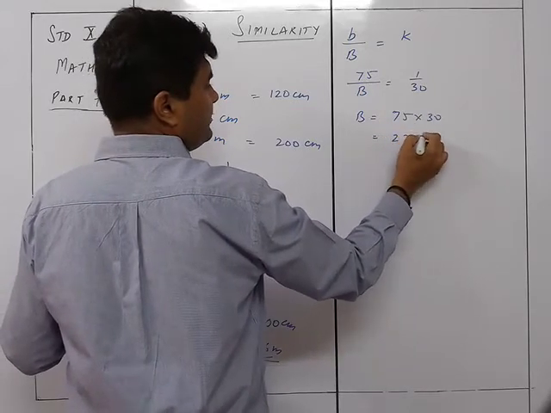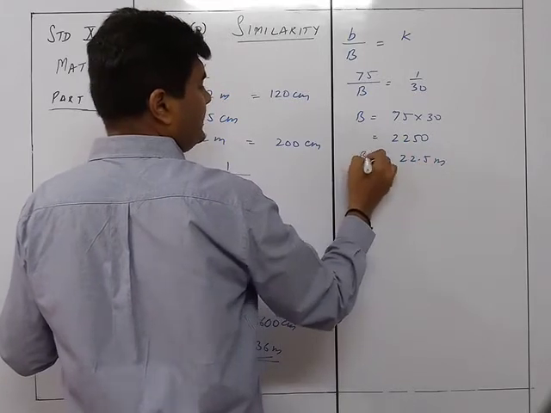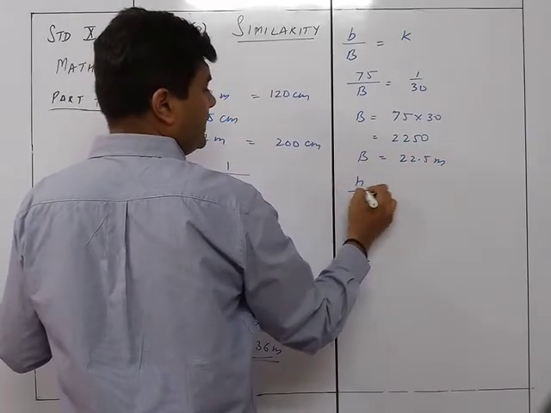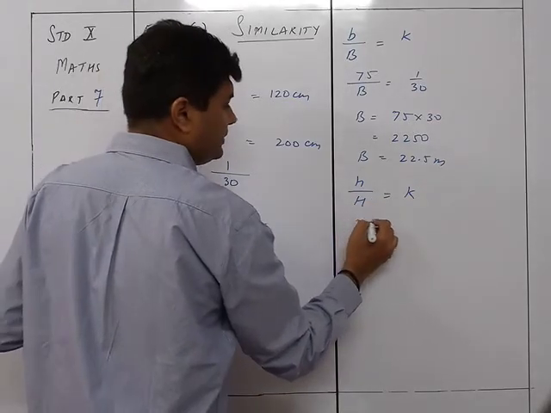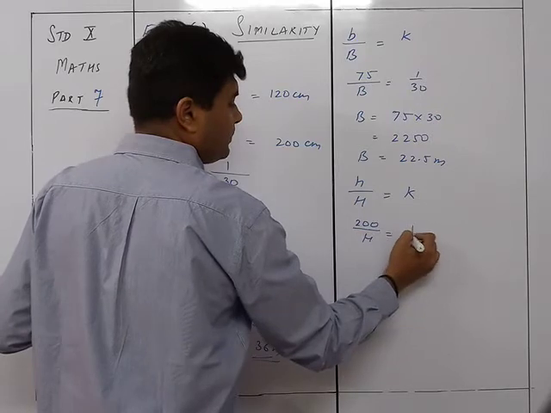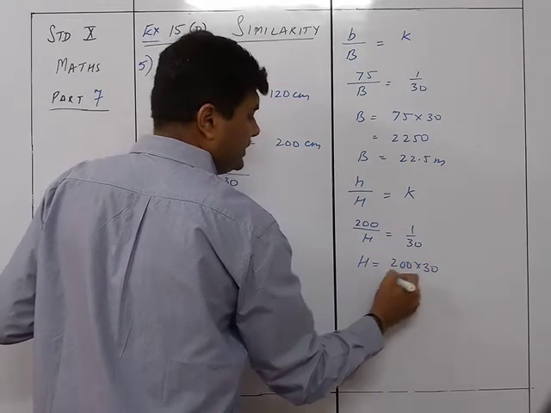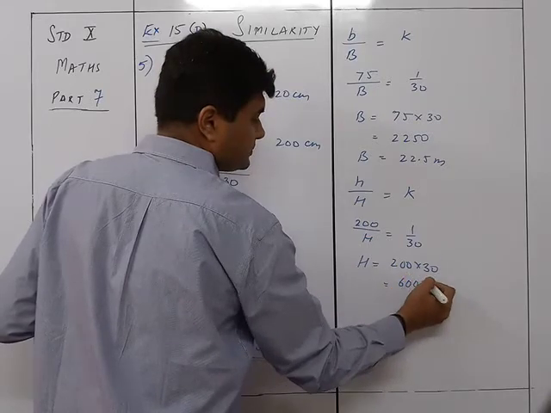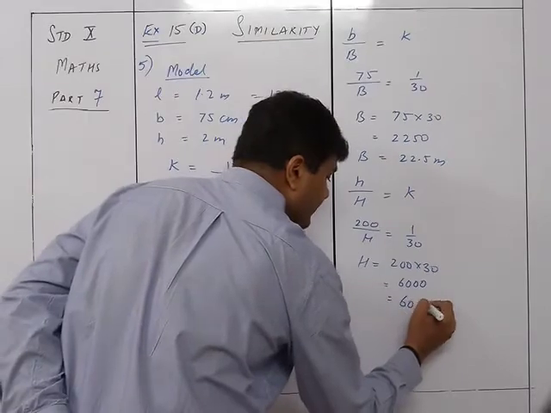That's 2250, which is 22.5 meters breadth. Similarly, height upon H is equal to K. Height is 200, so 200 upon H is equal to 1 upon 30. So capital H is 200 into 30, which is 6000. That is equal to 60 meters.